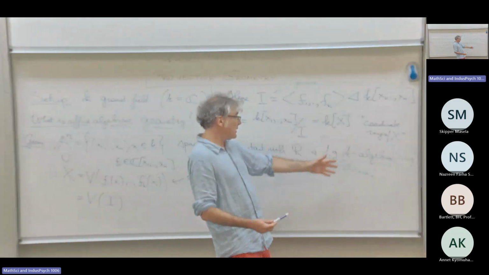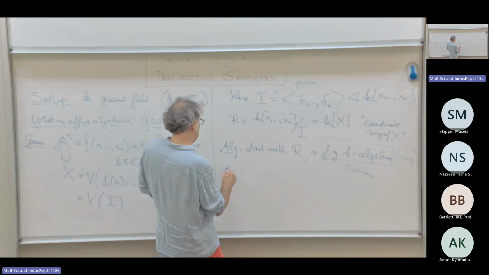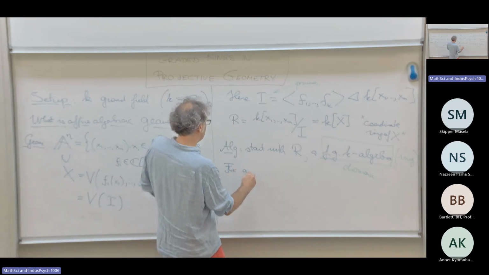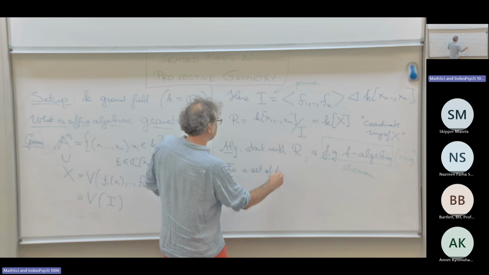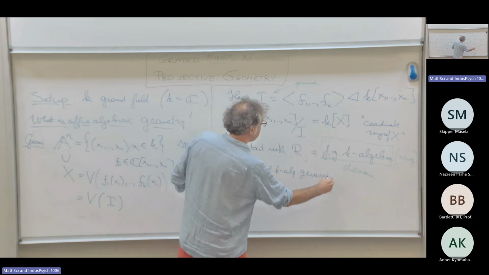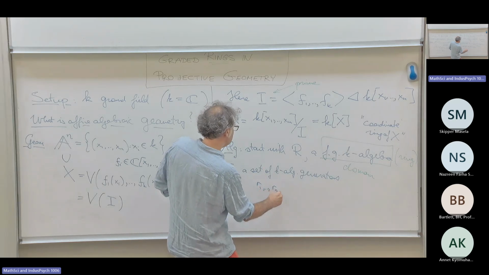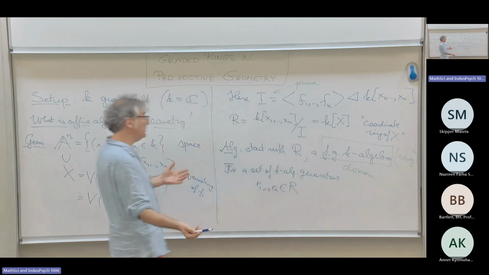So in algebra, we start with a finitely generated K-algebra. Finitely generated means that I can fix a set of K-algebra generators, r1 up to rn, in this algebra, which by assumption exist.